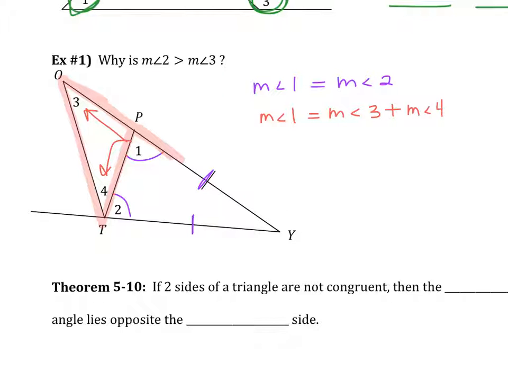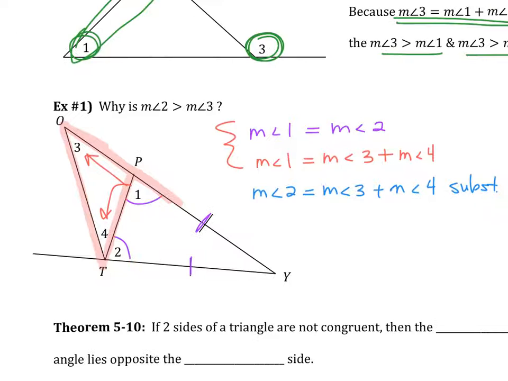Okay. So if we know these two things, can you write a new equation using substitution for me? Angle 2 equals angle 3 plus angle 4. Right. So that's just substitution, right? We just substituted. So I know that 2 is equal to 3 plus 4.